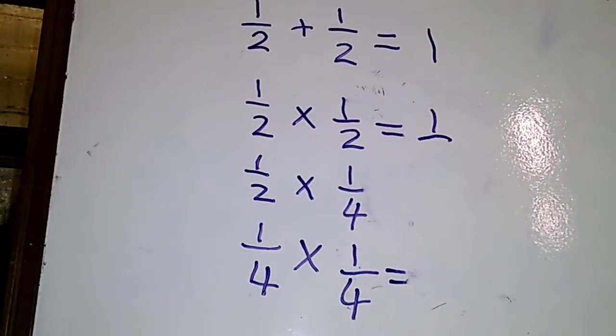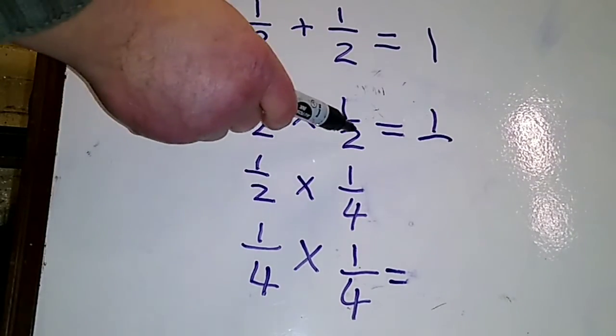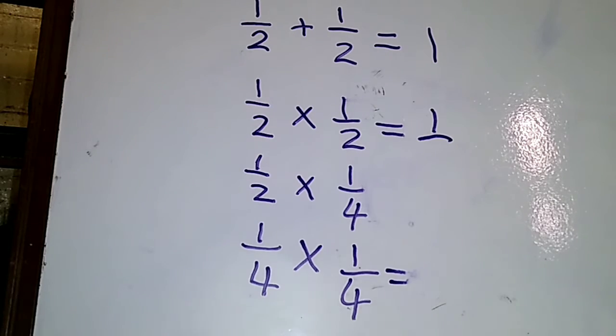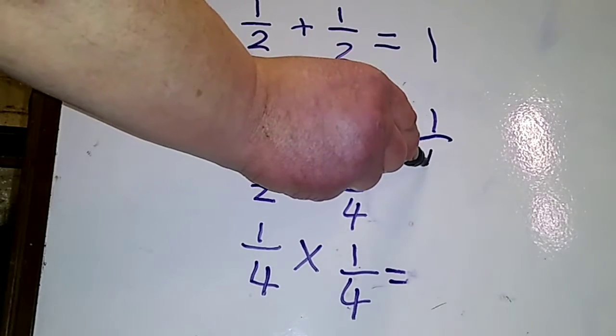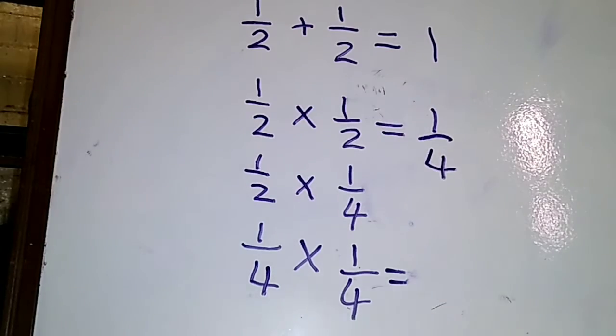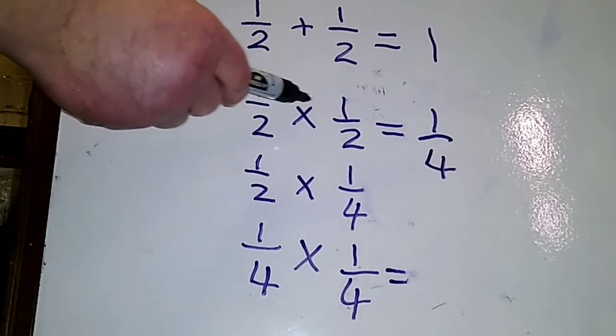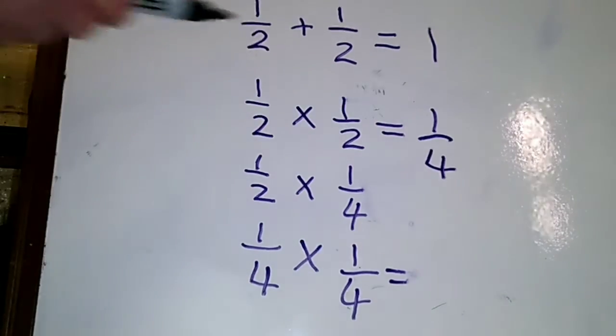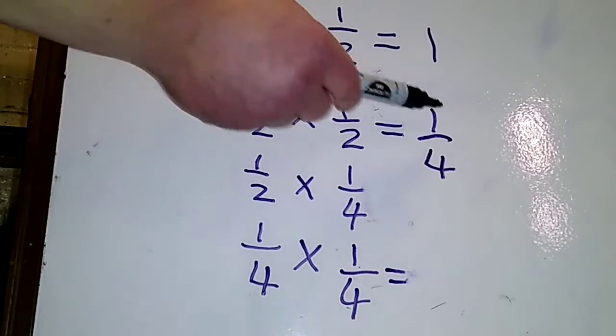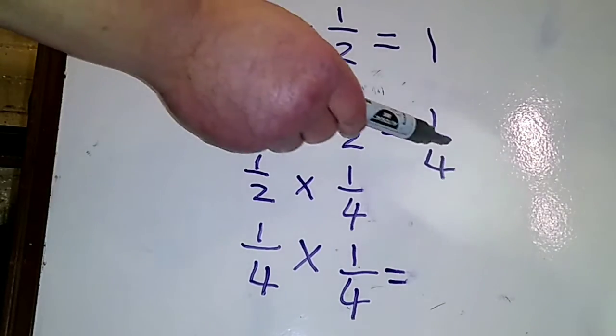Underneath, 2 times 2 is 4. So a half times a half is a quarter, because 1 times 1 is 1, 2 times 2 is 4.